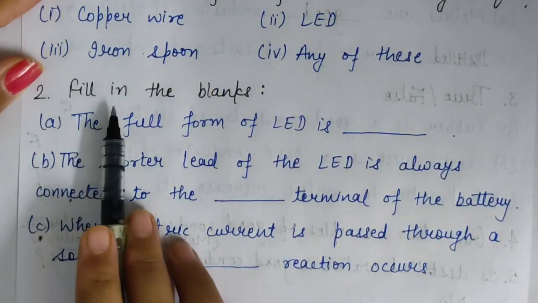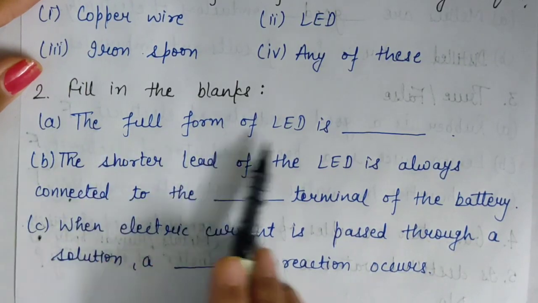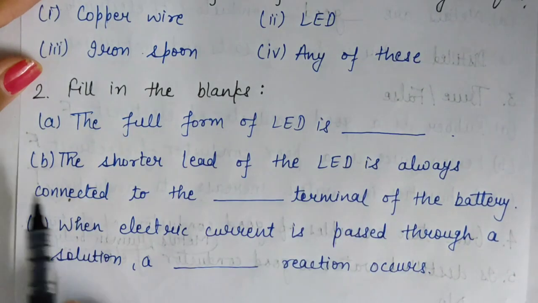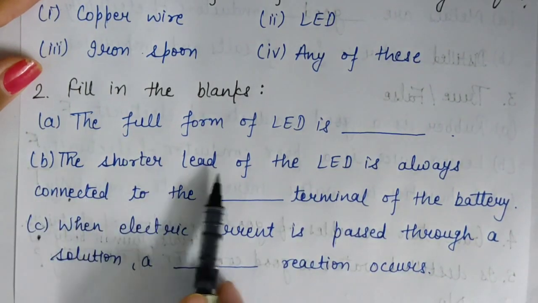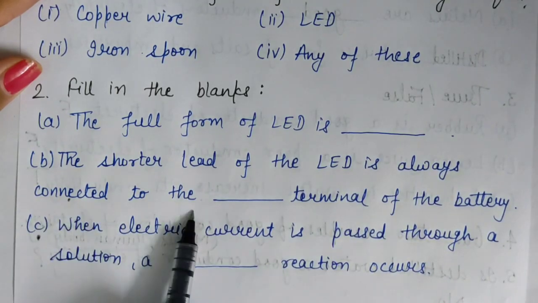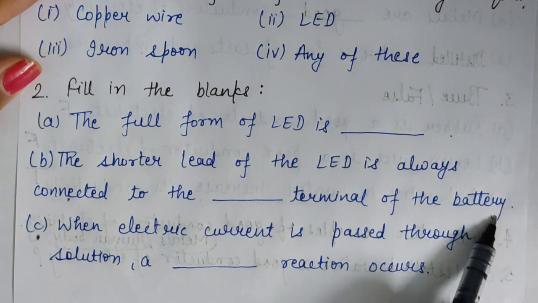Question number 2 is, fill in the blanks. A part, the full form of LED is dash. B part, the shorter lead of the LED is always connected to the dash terminal of the battery.